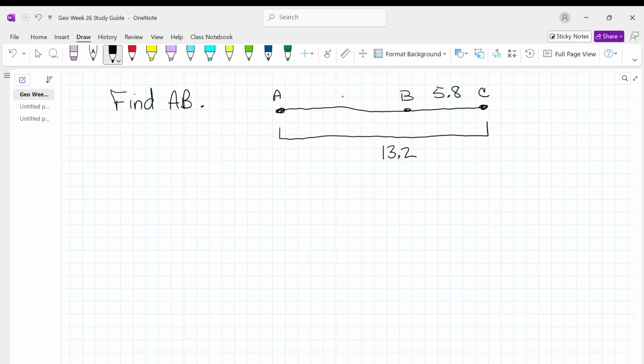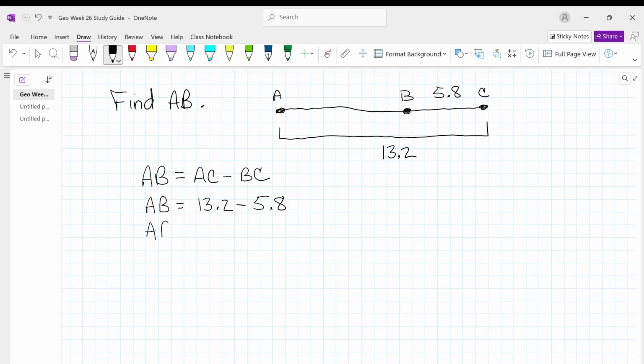So in this case, we can change the order of the concept and say that AB is equal to the entire length of the segment, which is AC, minus this other smaller segment, BC. So now we can say that AB is equal to A to C, 13.2, minus B to C, which is 5.8.